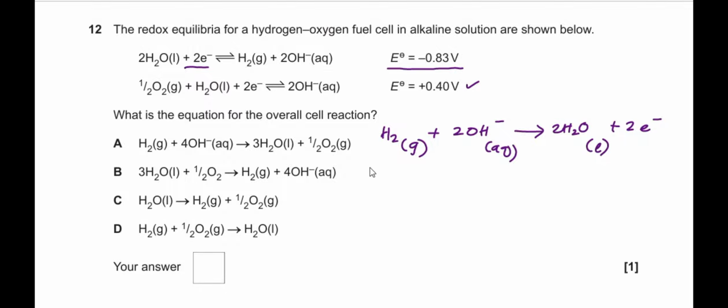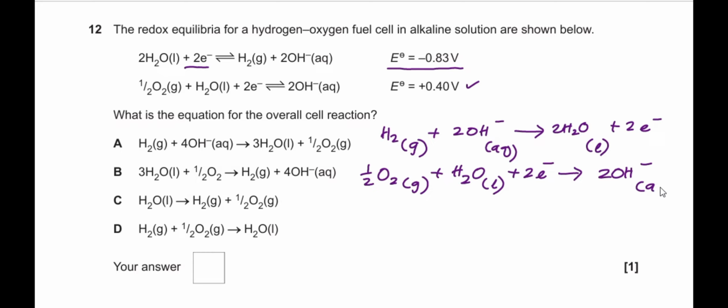Now writing the second equation, half O2 gaseous plus H2O liquid plus 2 electrons gives 2OH minus aqueous.